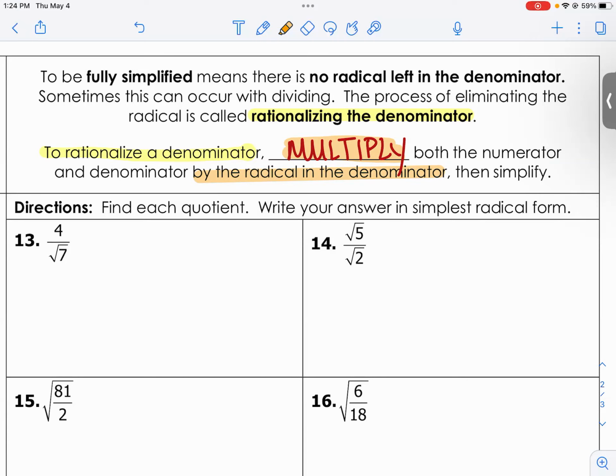Okay. And these are the kind of problems we're going to finish out our day with. So first of all, just write down what I'm asking you to write down. To rationalize the denominator, we are going to multiply numerator and denominator by that radical that is in the denominator. We don't want a radical in the denominator. Not okay.